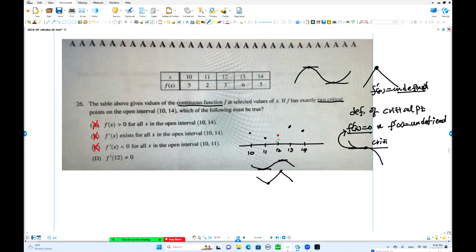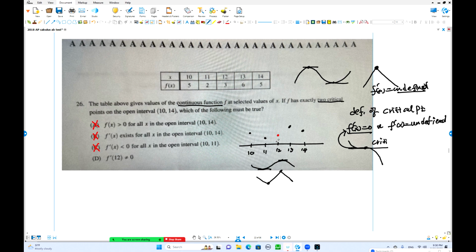Let me check this one more time. The slope of the tangent line at x equals 12 cannot be 0.